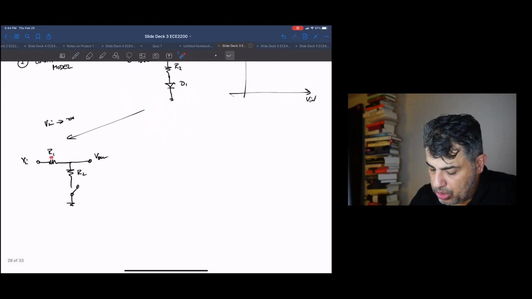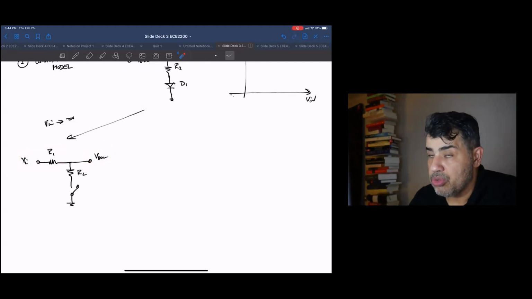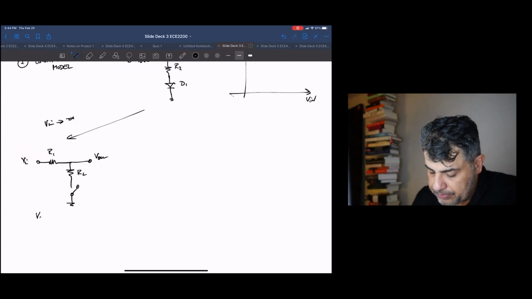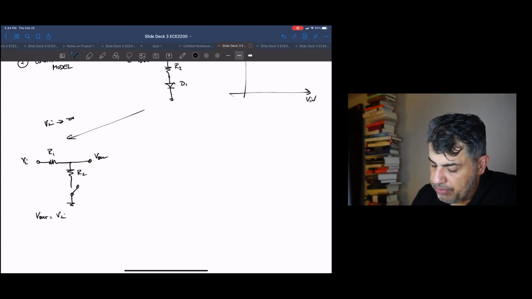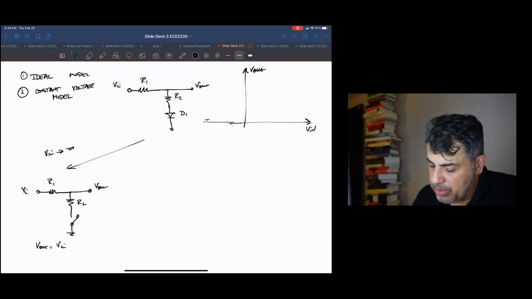Notice there's no current flowing anywhere out of Vin because this is open. So if there's no current flowing, there's no voltage across R1, meaning that by KVL, V out is Vin minus whatever voltage is across R1. But because there's no voltage across R1, V out is just equal to Vin. Okay, so that's a very negative input out here somewhere.